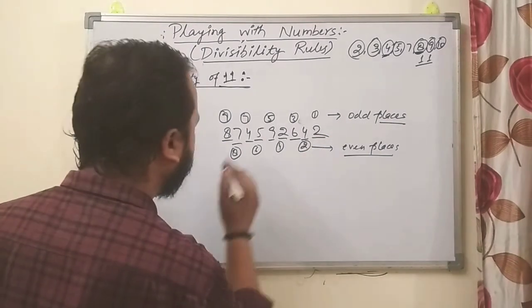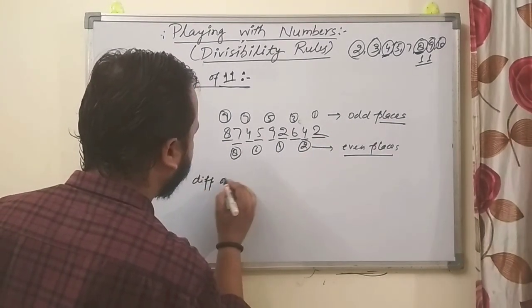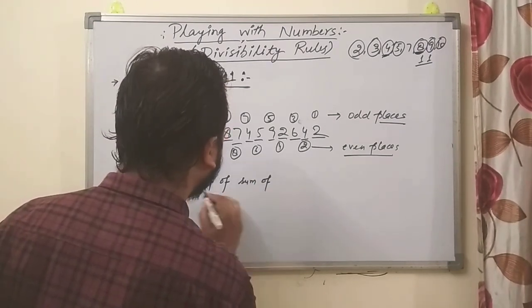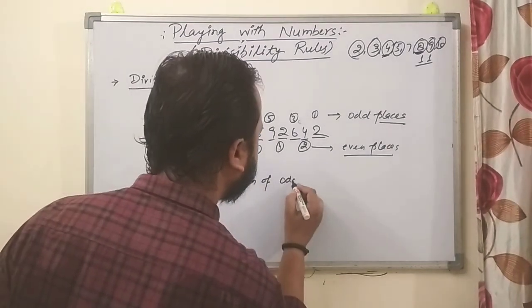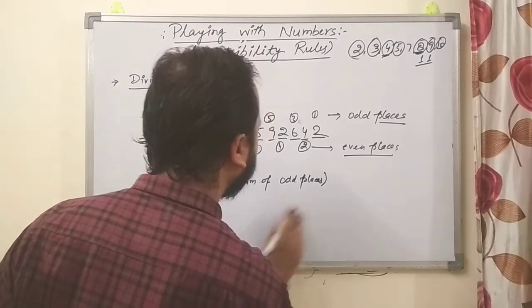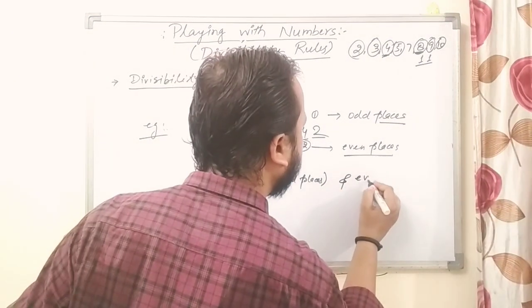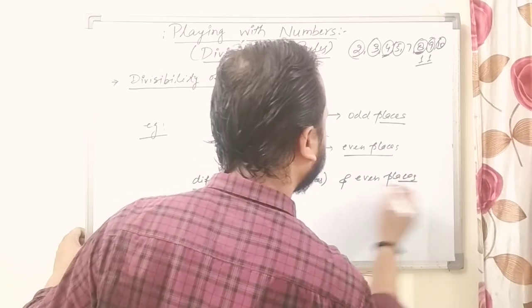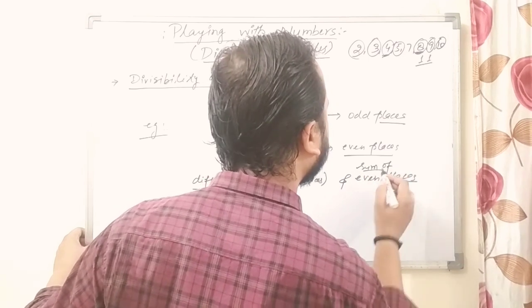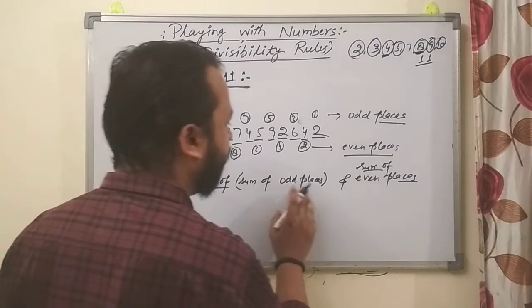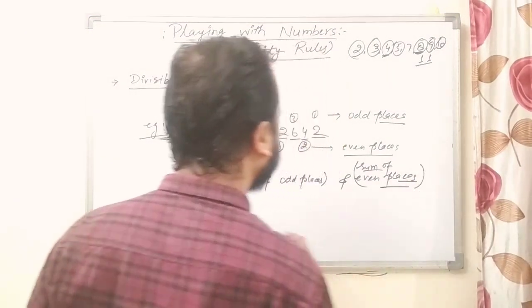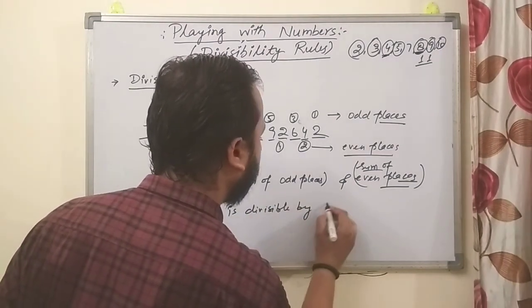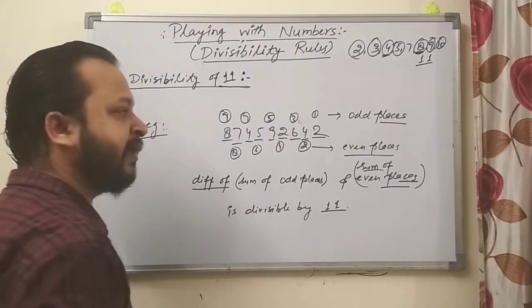And if the difference of the sum of odd places and the sum of even places is divisible by 11, then the number is divisible by 11.